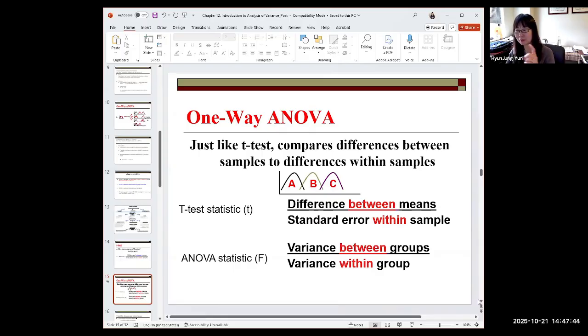Same concept: anything we compare between groups should be the numerator. Anything we compare within the groups should be the denominator as the error term.